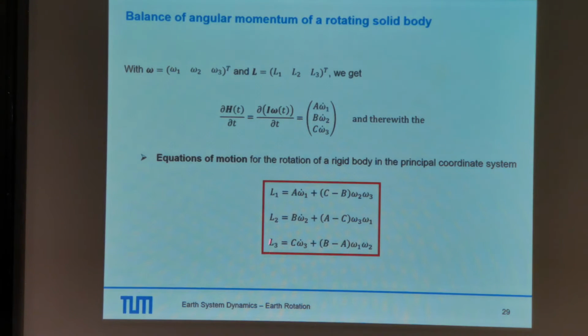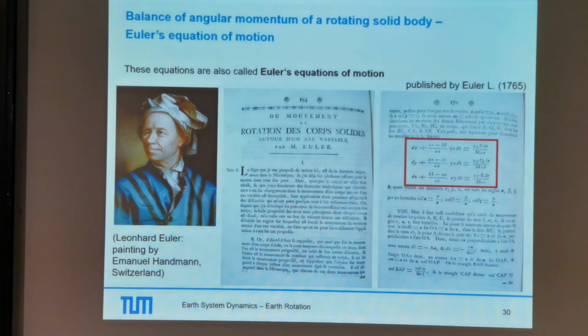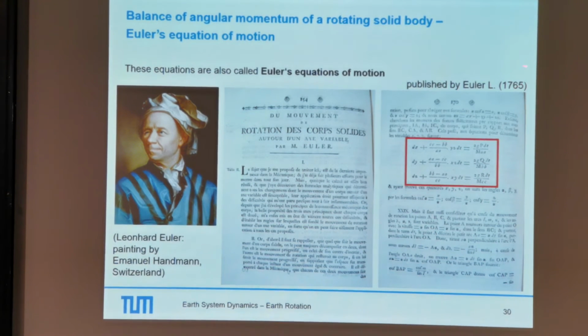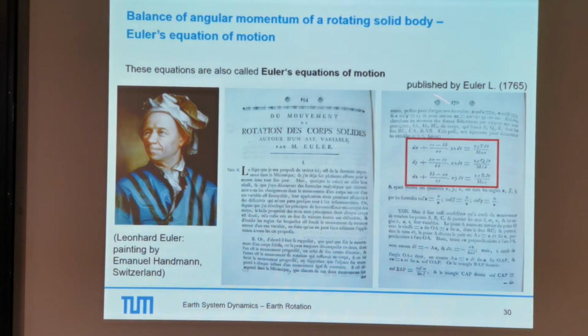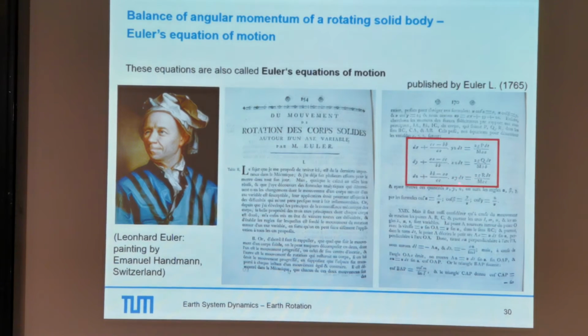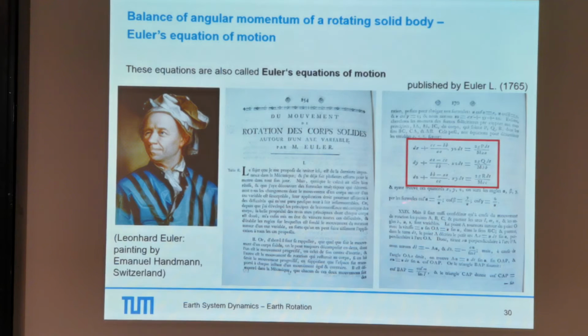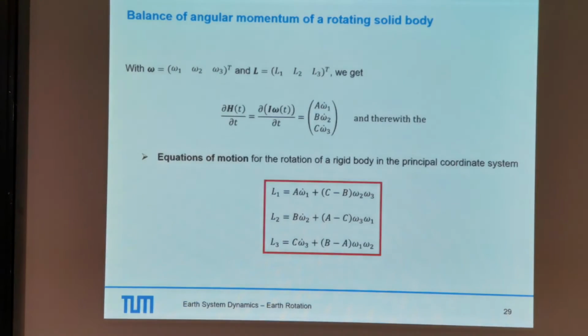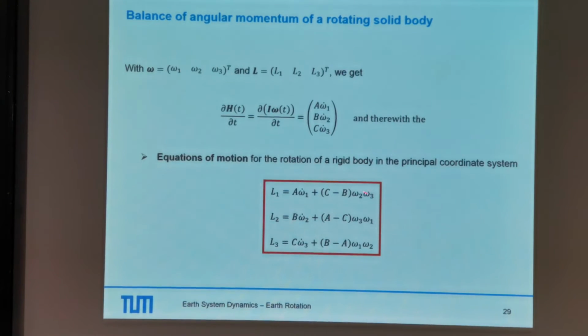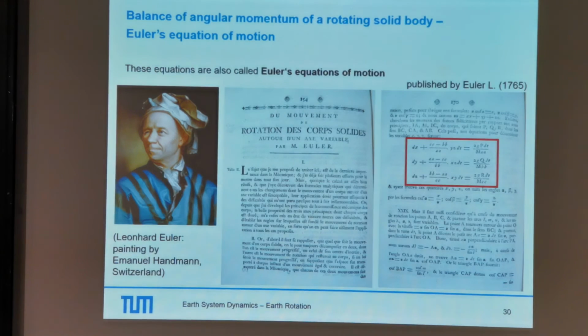On the left-hand side now, we have the external torques L1, 2, 3. And on the right-hand side, we have this system of equations. And these equations are the so-called Euler's equations of motion, already published by Leonhard Euler in 1765. Here you see his really famous publication, where you see that these quantities, C minus B divided by A, are directly related to these motions.